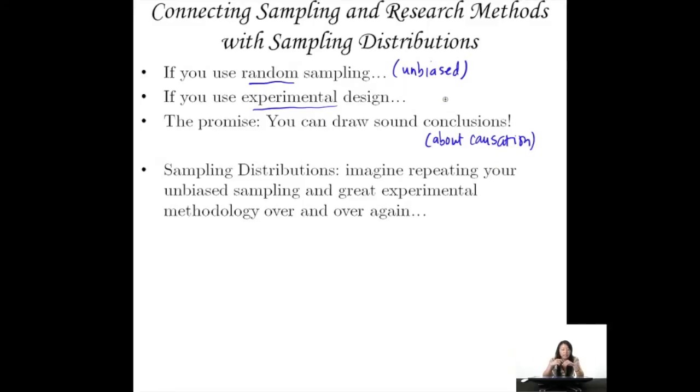So let's say you have this great experiment that you really want to do to see if X changes Y. What would happen if we did that experiment over and over and over again? Over time, you would see the truth. You would see what might really emerge from that experiment. And that's how sampling distributions is going to help us reap the fruits of this promise. So without sampling distributions, this promise cannot fully come true.